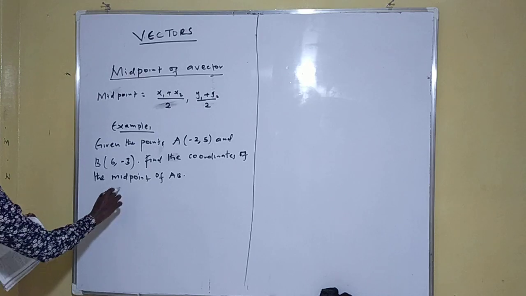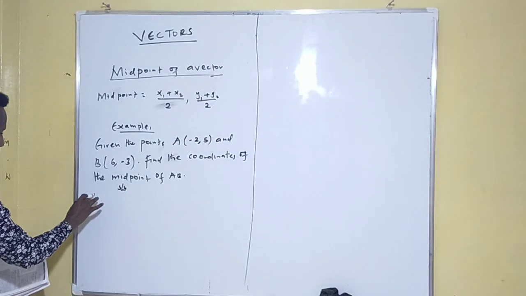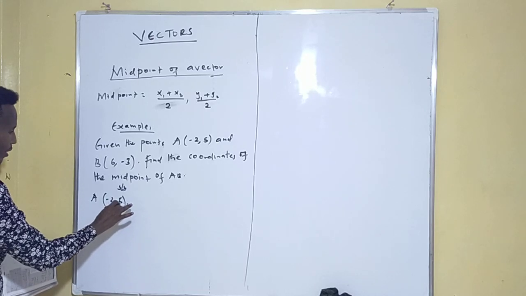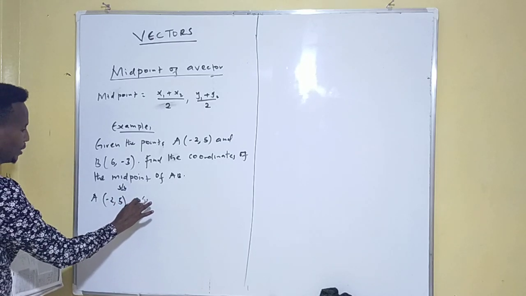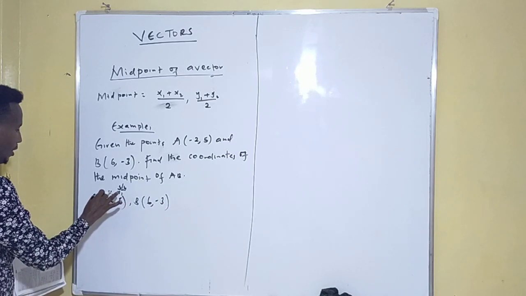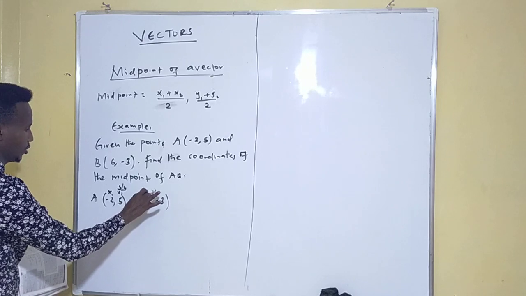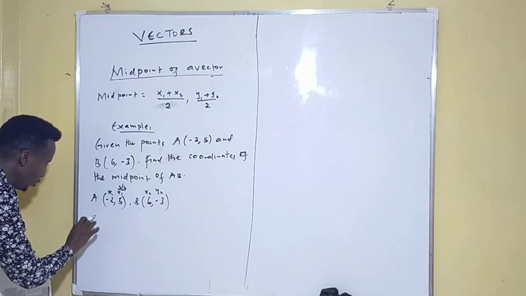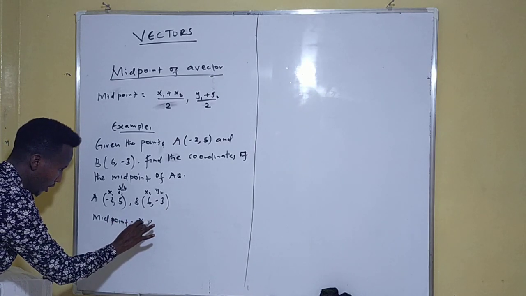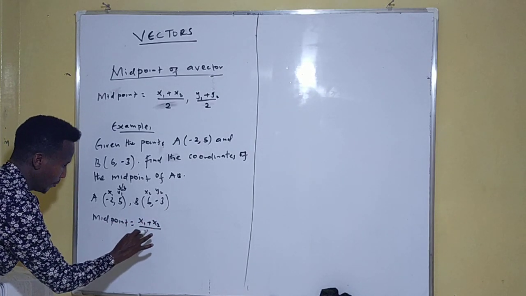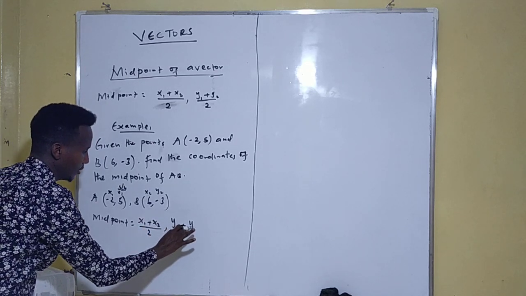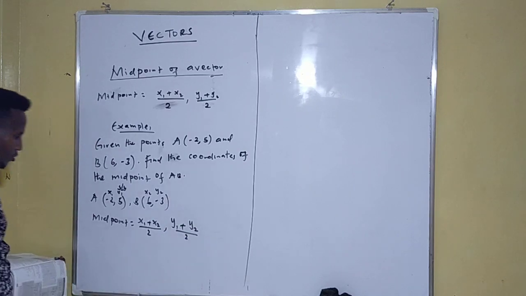This is very easy. Come to the solution. We have A as -2, 5. We have also B as 6, -3. So this is x1, y1, and x2, y2. We know that midpoint is equal to x1 plus x2 divided by 2, then y1 plus y2 divided by 2.